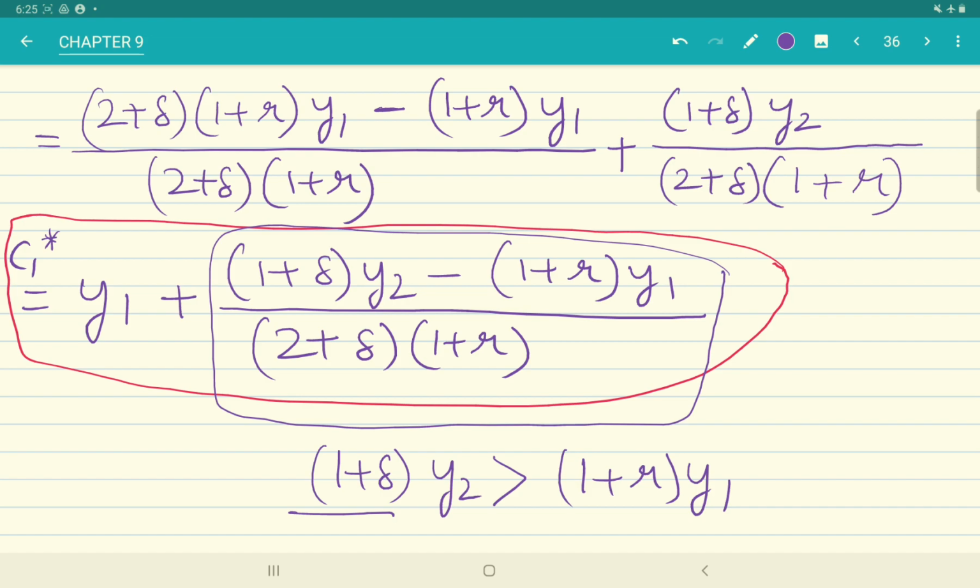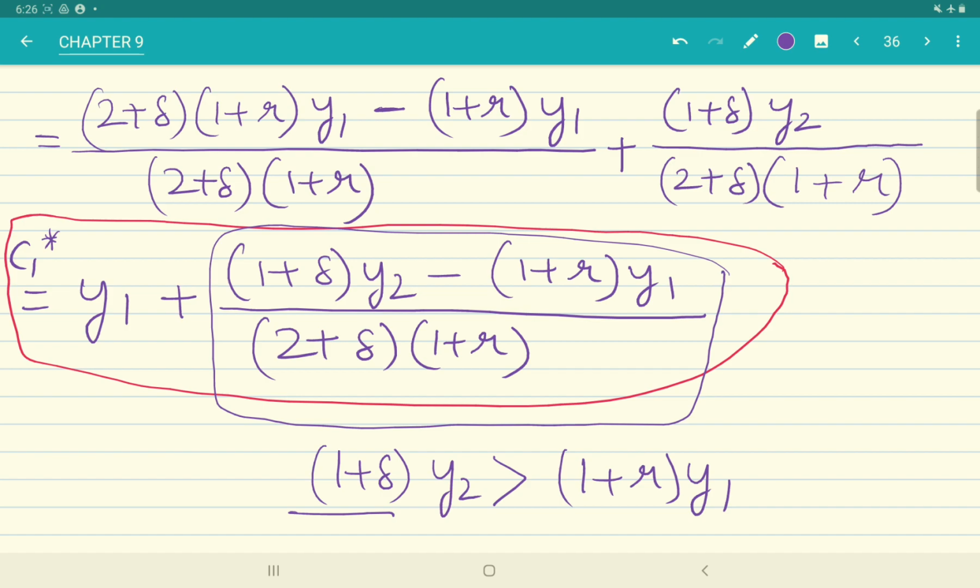Even if delta is less than r, y2 will be considerably higher than y1, and that just means this is the more likely scenario, wherein 1 plus delta multiplied by y2 will be much more than 1 plus r multiplied by y1, and in this case the student is going to borrow.